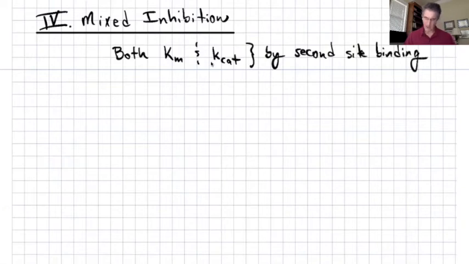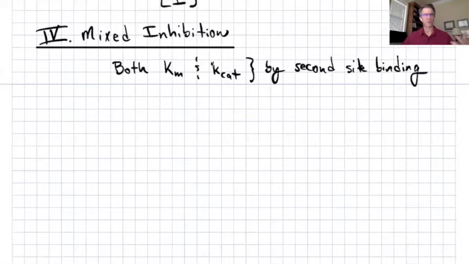So it's not at all uncommon to find small molecules that interact with a site near the active site, doesn't really overlap with it, so it doesn't directly compete, but it does something to the structure or dynamics of the enzyme that both messes with the ability of the active site to position residues that are necessary for catalysis, therefore dropping Kcat, but by messing with the active site also makes it harder for the substrate to bind effectively, right? This type of inhibition where both Km and Kcat are affected is known as mixed inhibition.